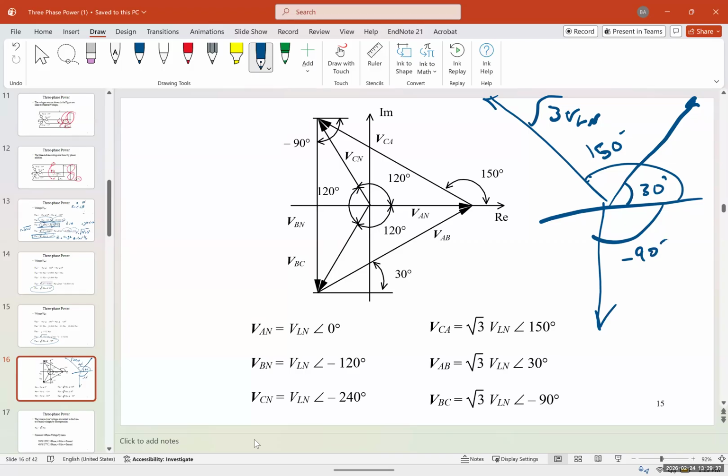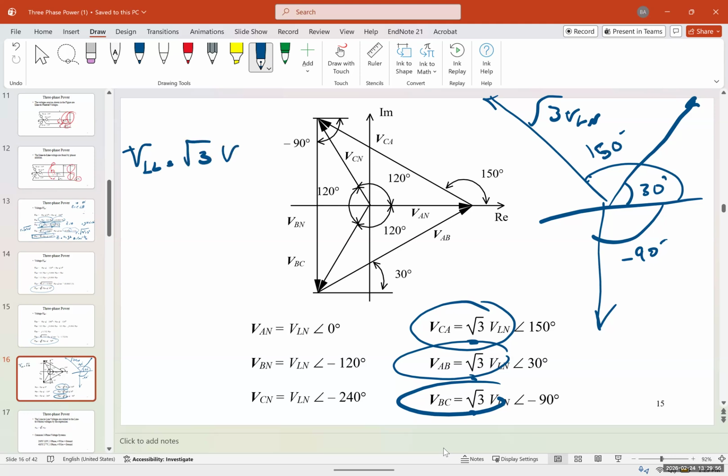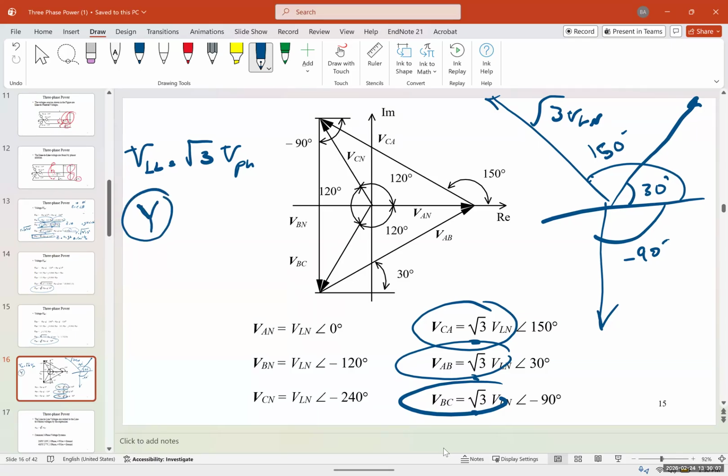Now the important part is this. The magnitude, okay? Most times we don't care about the phase. We care about the magnitude. The magnitude shows us in a star connection or in a Y connection, V line is equal to square root of 3 V phase. So in a Y connection, keep this always in mind.